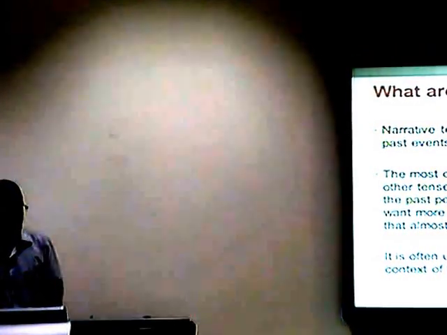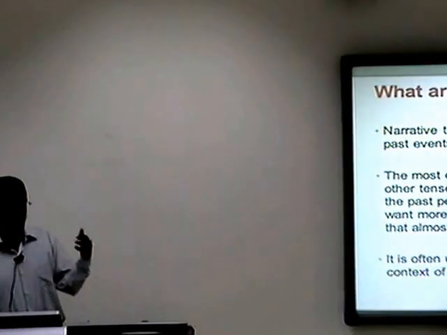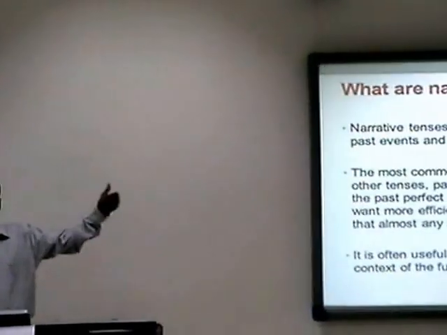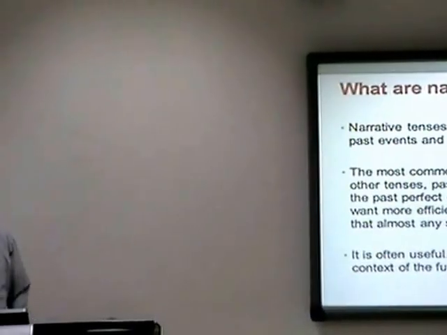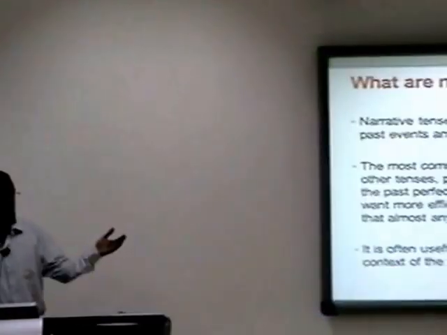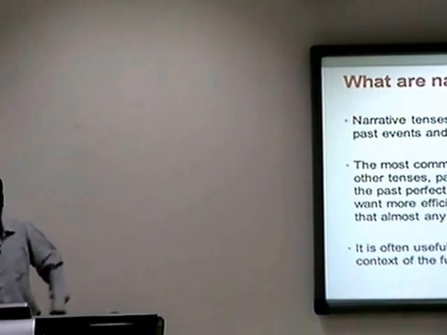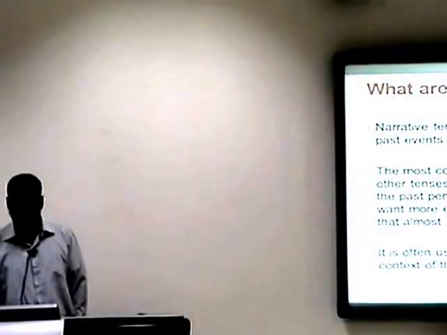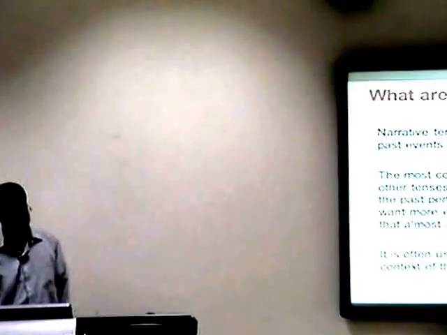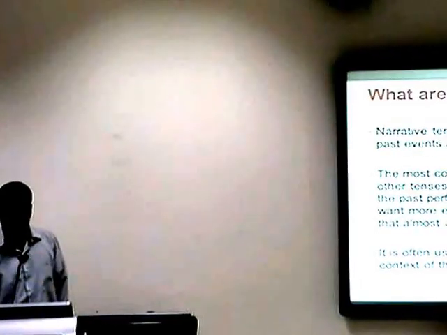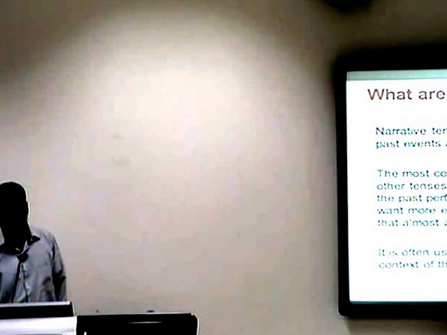Why more efficiently? Because they help us to understand the order of the actions. Okay? So a past perfect action probably happened earlier than the past simple action. However, it should be remembered that almost any story can be told using which tense? Past simple.